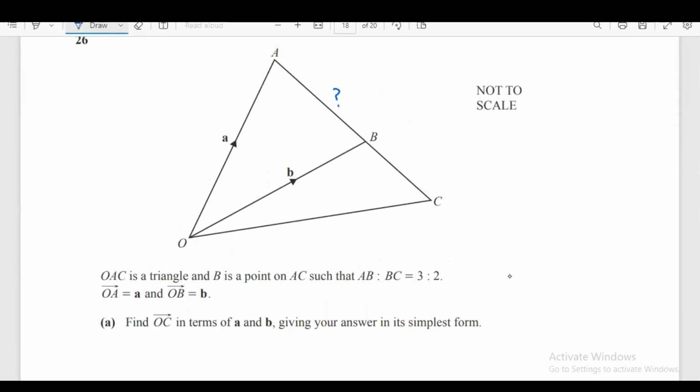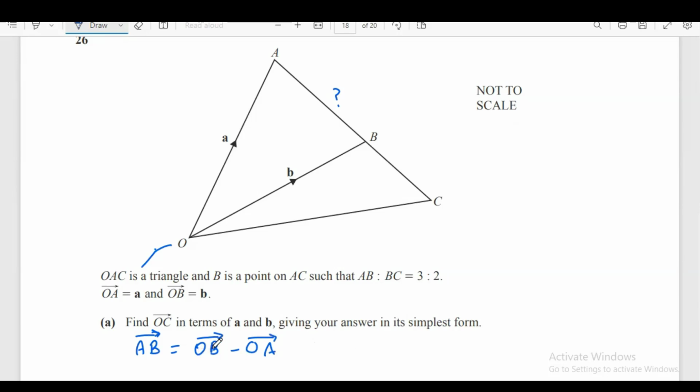When the origin is given, we have to use the equation for vector AB, which is OB minus OA. I will explain why we are writing AB equals OB minus OA in a coming video.